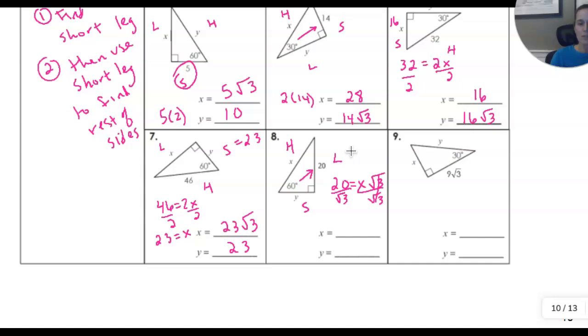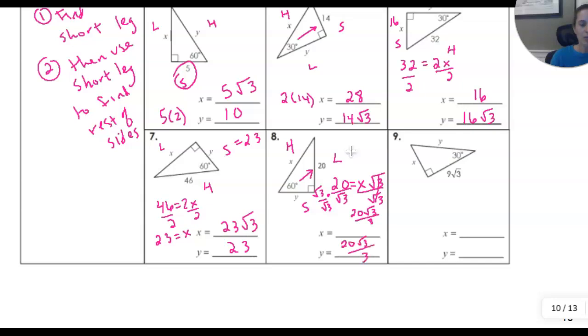And because I can't have a radical in the denominator, I'd multiply by radical 3 over radical 3. So that would get us 20 radical 3 all over 3. Because radical 3 times radical 3 is radical 9, and square root of 9 is 3. So that's why the denominator is a whole number. And that would give us our short side, which is y. So it would be 20 radical 3 over 3.